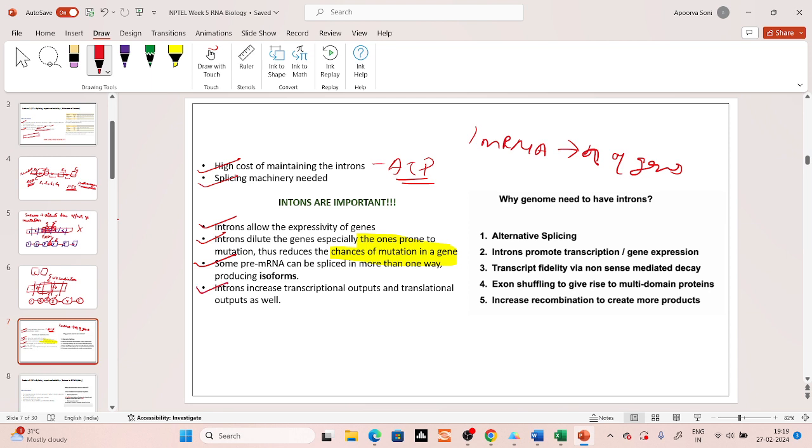Then again, why does the genome need to have introns? Same points. Alternative splicing, it promotes transcription, it increases gene expression. Then transcript fidelity via nonsense mediated decay, this we'll study later on, just put this point on hold. Exon shuffling to give rise to multi-domain proteins, increasing recombination to make more products.